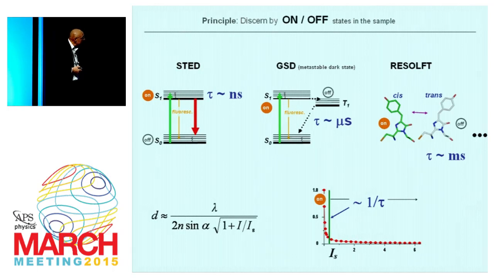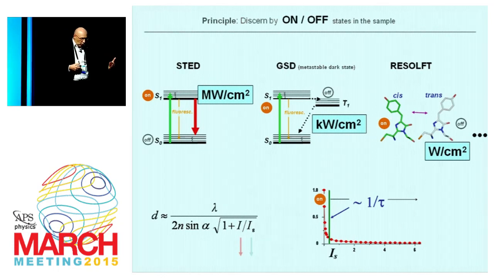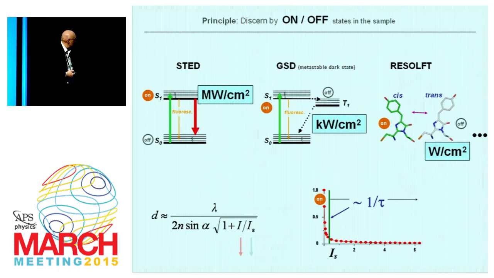And so this is why cis-trans isomerization, and to some extent also these long-lived state transitions, are very, very attractive. The intensity threshold goes down from megawatt per square centimeter to kilowatt per square centimeter, down to watt per square centimeter, which you can get with an LED in principle. And so this is, of course, very attractive because it decreases the threshold I_S, and of course also decreases the intensity I that is required to overcome the diffraction barrier.